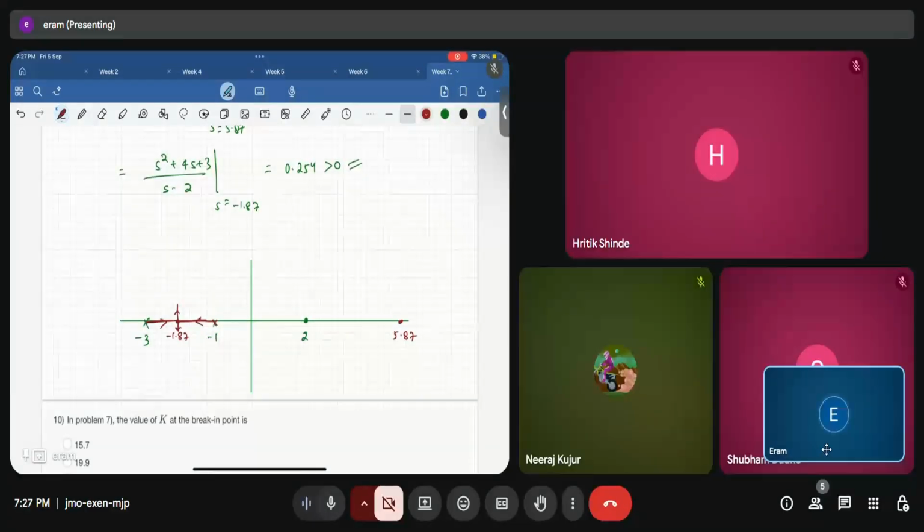Then we will proceed in such a way that again we will terminate on the open loop zero. So our locus is going to end on the open loop zero. So we are going to come over here again at this 5.87. S equals to 5.87. So which one is the break-in or which one is the breakaway point?